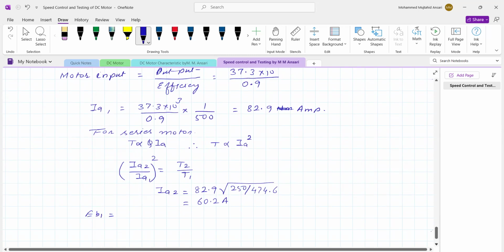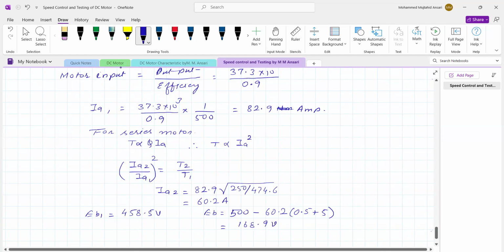Once we know the value of IA2, we can calculate the back EMF. EB1 is equal to 458.5 volt, and EB2 we can write as 500 minus 60.2 into bracket 0.5 plus 5, because a 5 ohm resistance is added, so EB2 is equal to 168.9 volt.